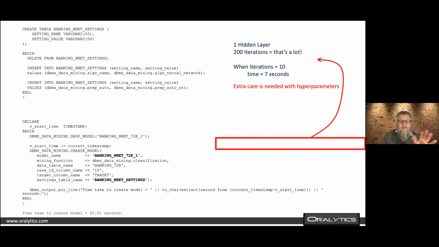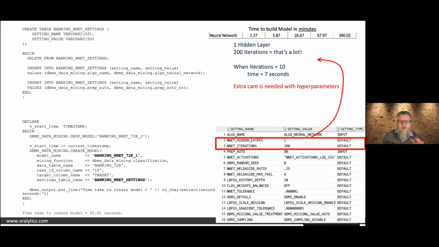All right, some of the sequences have just gone wrong, so I'll put it all out there. If we look at the left-hand side of the screen, we have the simple neural network, with auto data preparation on, and we're going to take the default settings.